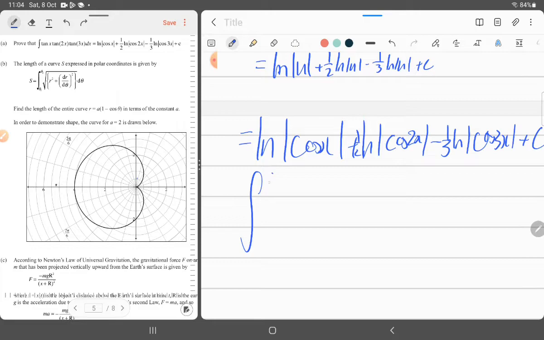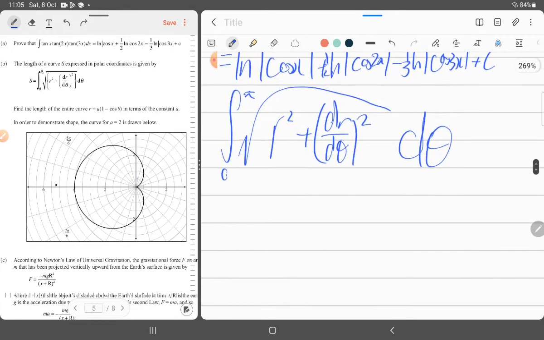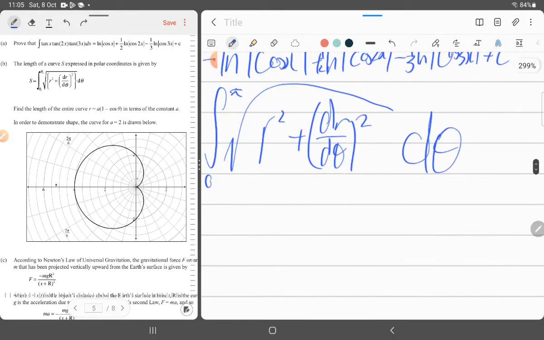Integral from pi to 0 of the square root of r squared plus (dr/d theta) squared d theta. So we're integrating with respect to theta.